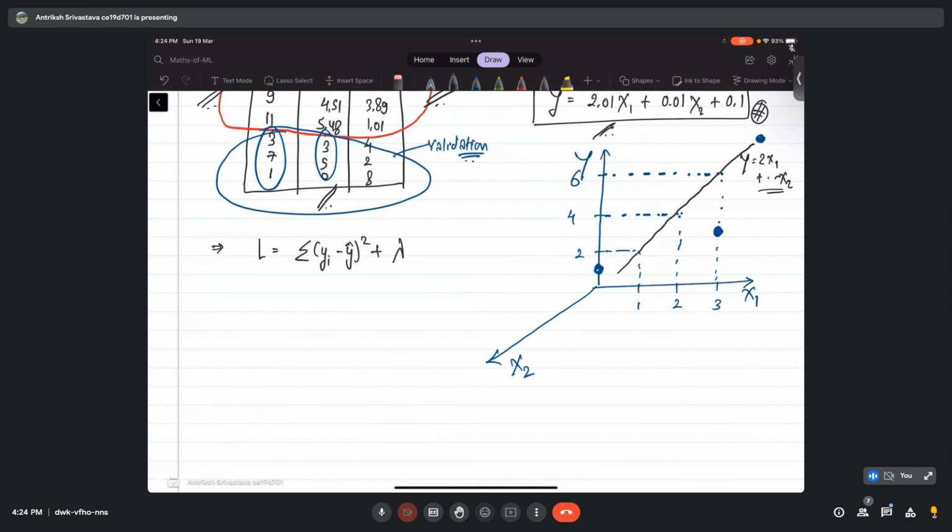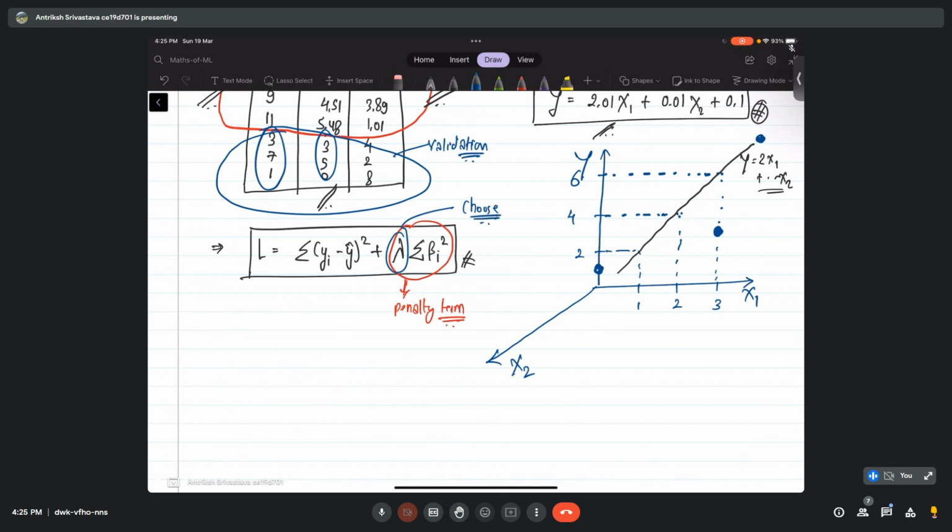So in that we'll add a bias, that is the sum of square of the coefficients of each feature, and this is called bias, or in the PPT it's called the penalty term. And this lambda is a factor that you can choose. We'll see how to choose this lambda in a few minutes. So we have to choose this.